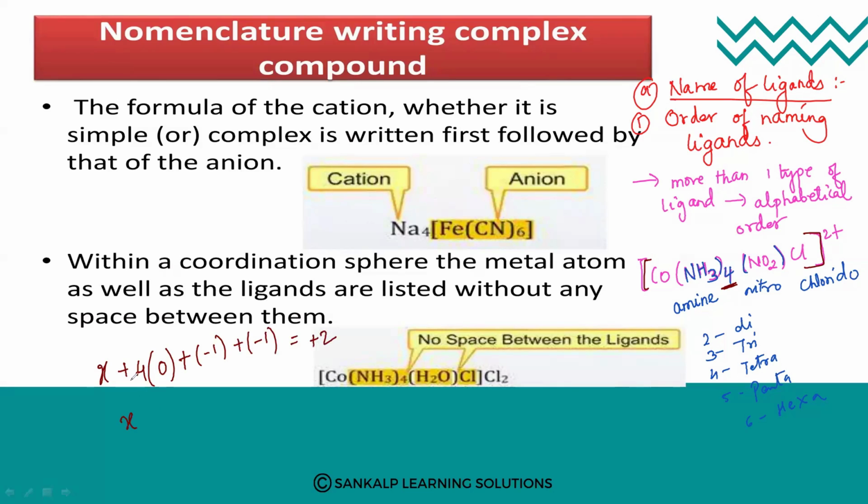So X plus 0 minus 1 minus 1 equals to +2. So X minus 2 equals +2. So X is equal to 0? So the charge on the cobalt is 0.